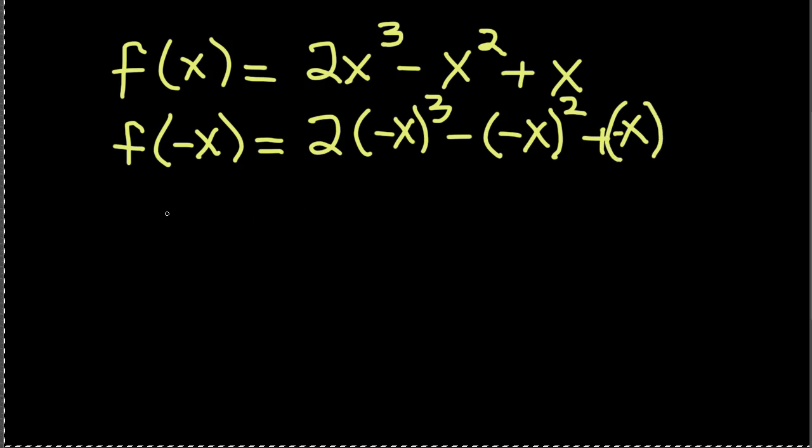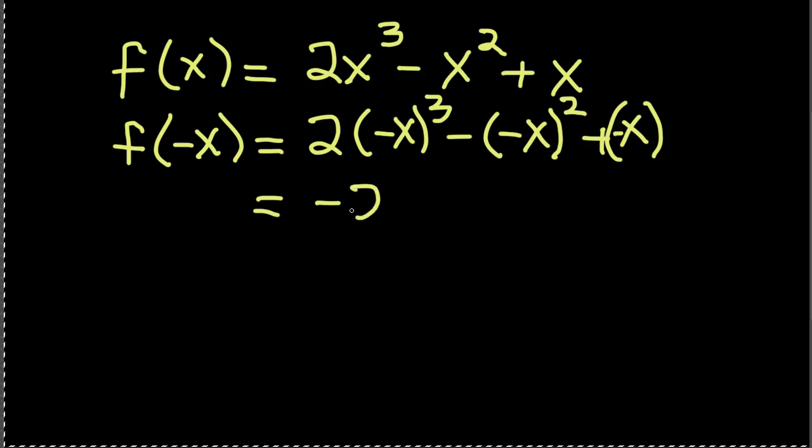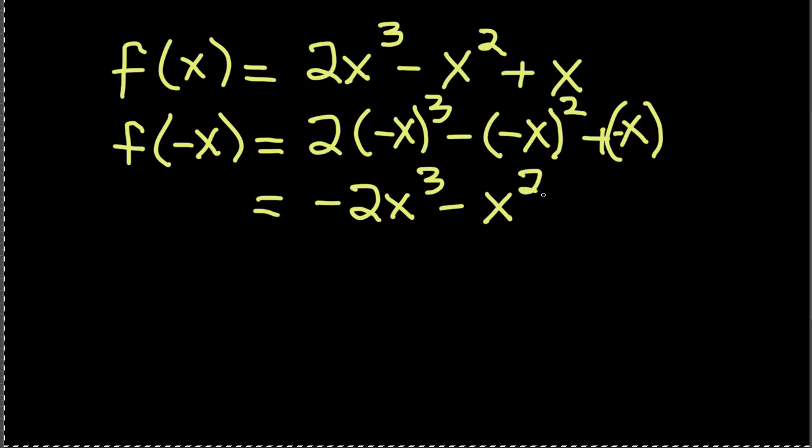And now I'll just simplify. So I have an odd number of negatives here, so that'll be negative 2x to the third. I have an even number here, so that just becomes x again, so minus x squared. And then this one is just minus x, as I almost wrote the first time.